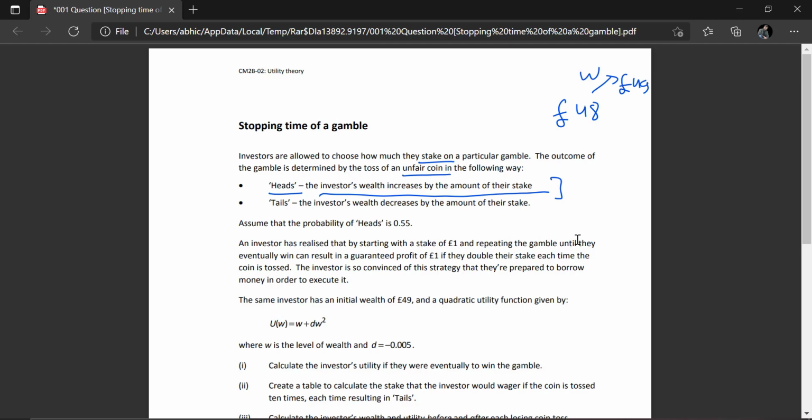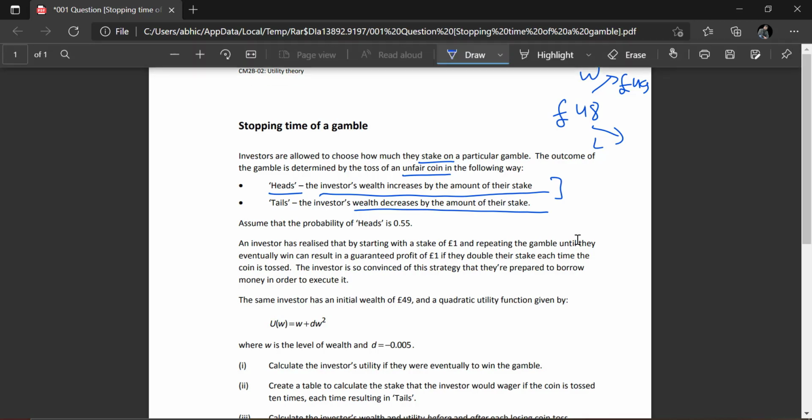Heads, the investor's wealth will increase by the amount of their stake. Tails, the investor's wealth will decrease by the amount of their stake. So if they lose, it will go to 47 pounds, if they have put £1 at stake.